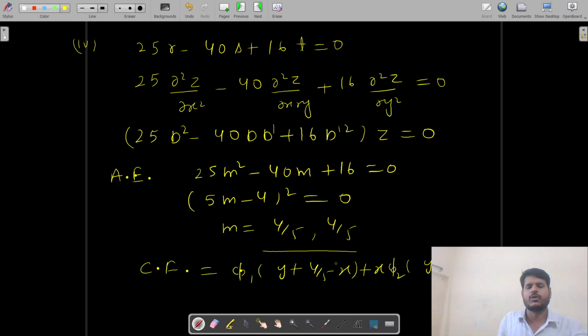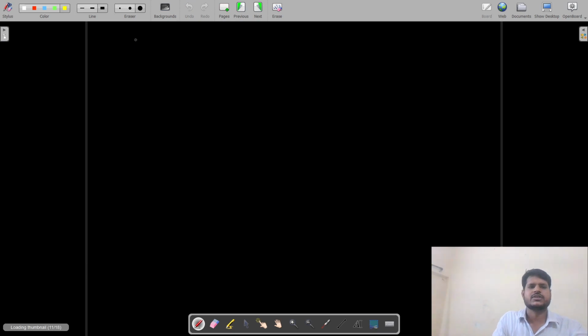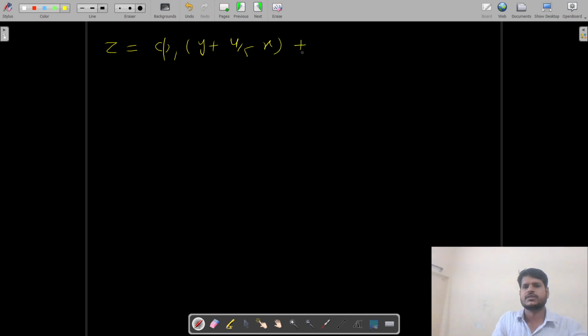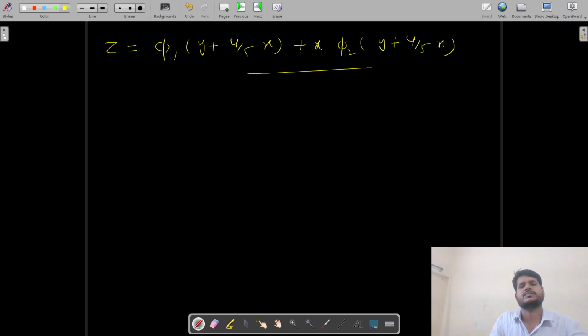So this is the complementary function and that is our final solution. So you can write z equal to phi 1 of y plus 4 upon 5 x plus x times phi 2 of y plus 4 upon 5 x. So this is the solution.